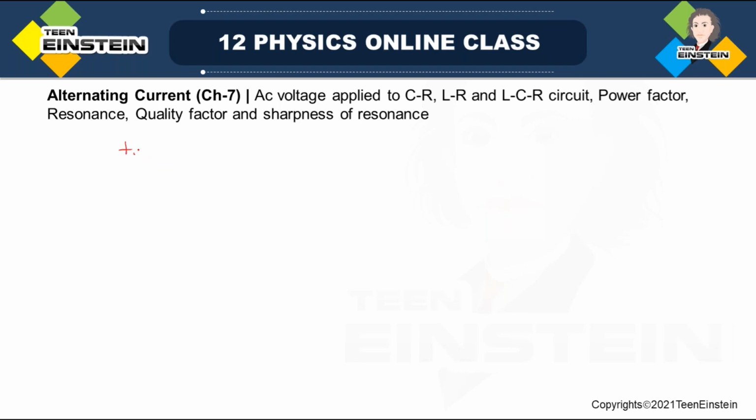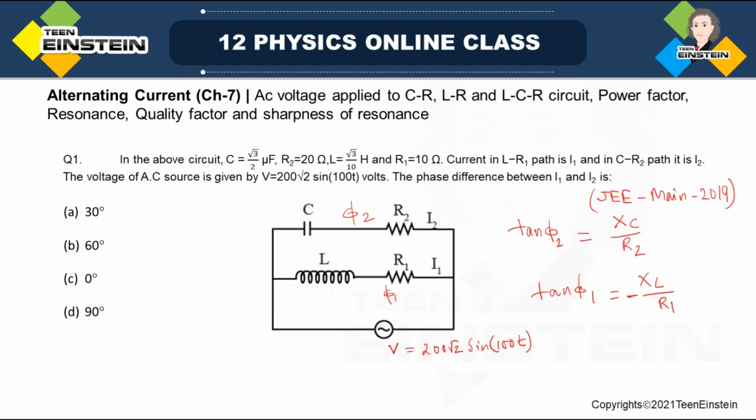So we had seen tan phi 2 is XC by R2. What is XC? We know XC is 1 over omega into C, and R2 is there. See what information is given. Omega is given as 100.